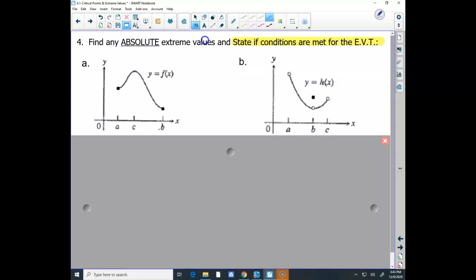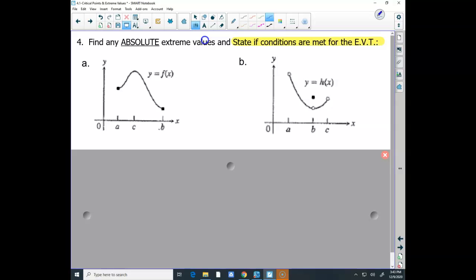So when I'm looking at A, first and foremost, A is a continuous function. The endpoints I'm looking at here are closed, and I can make that graph without ever picking up my pencil. Therefore, the EVT, the extreme value theorem, conditions are met.